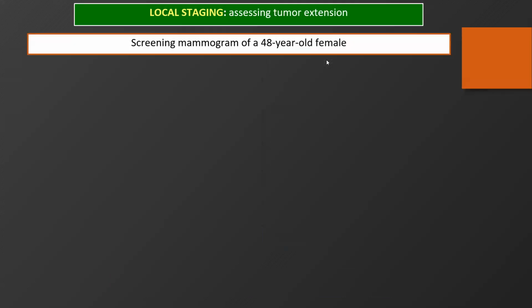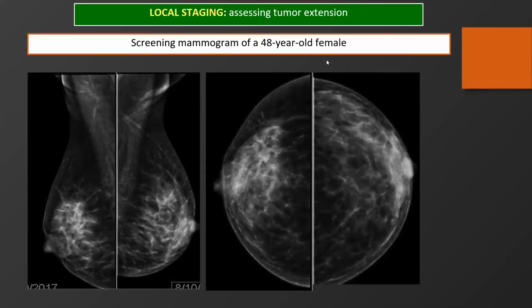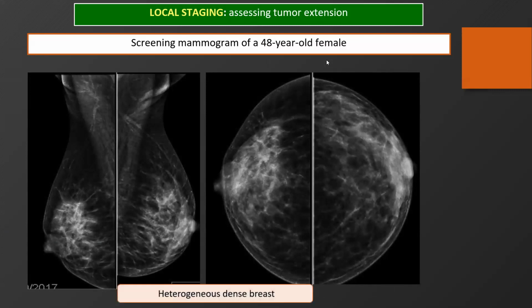invasive duct carcinoma. Screening mammogram of a 40-year-old female. The mammogram revealed heterogeneous dense breast, no lesion was detected. This was categorized as BI-RADS 0, and the patient was recalled for ultrasound.